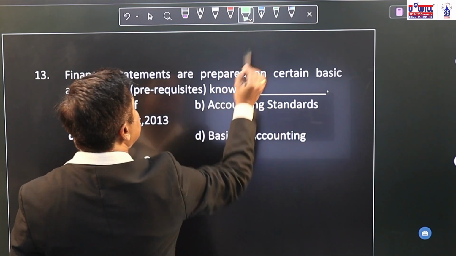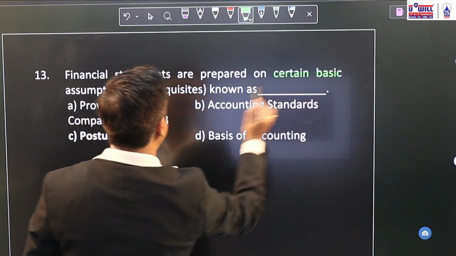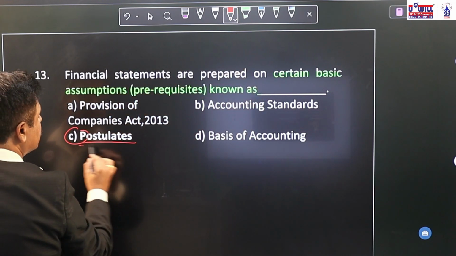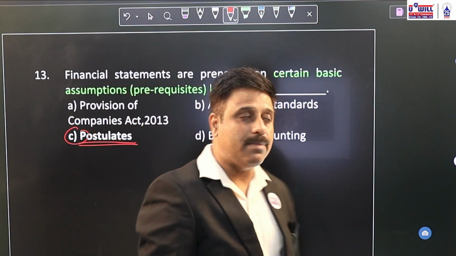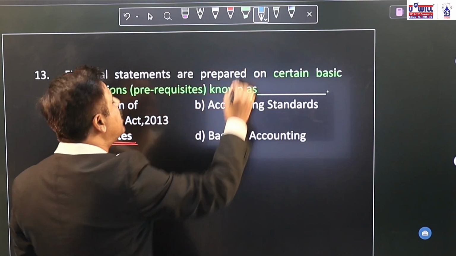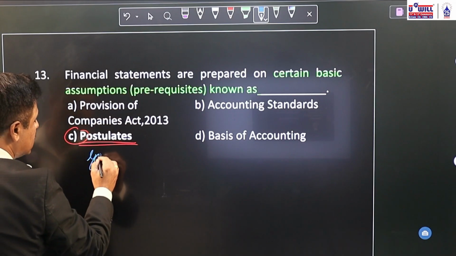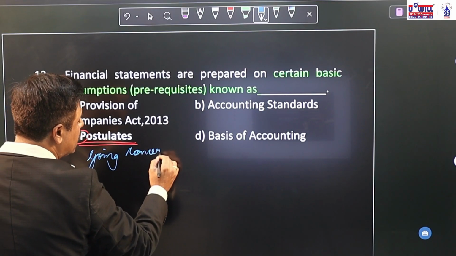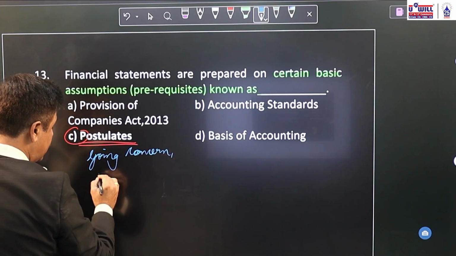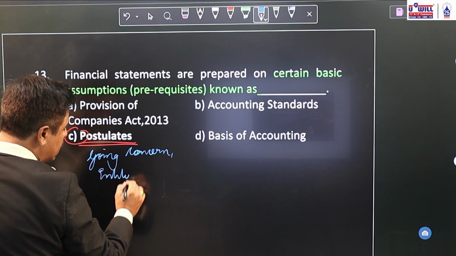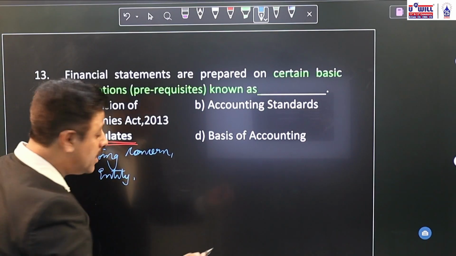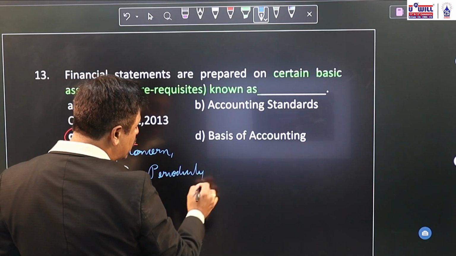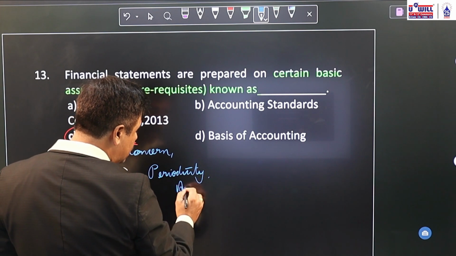Financial statements are prepared based on certain basic assumptions, prerequisites known as postulates. We always make financial statements based on basic assumptions or postulates like going concern concept, then accounting entity concept, then periodicity concept, and even accrual concept.